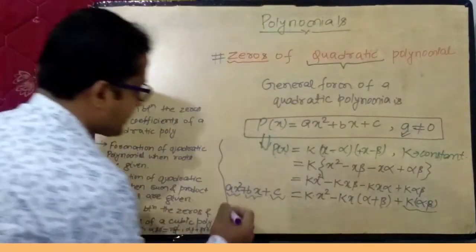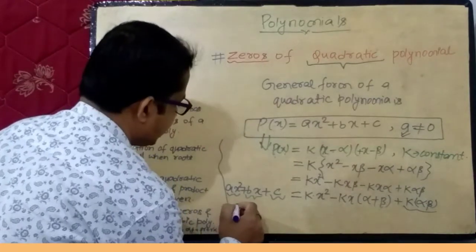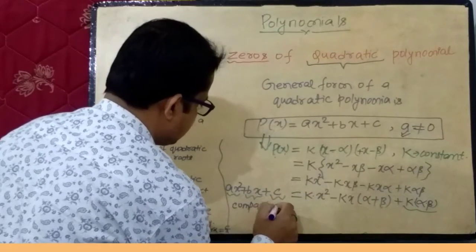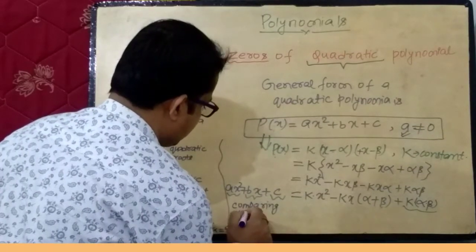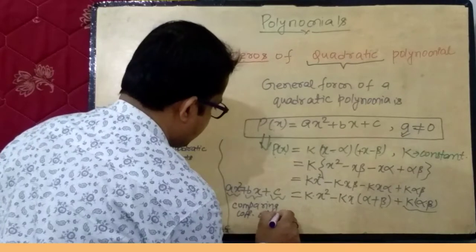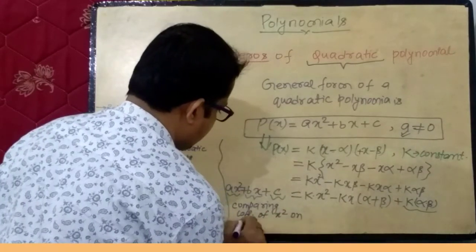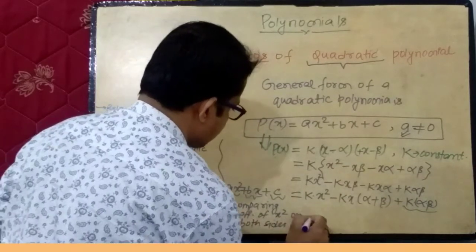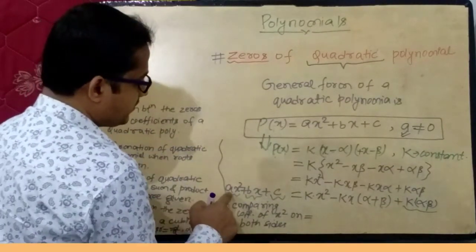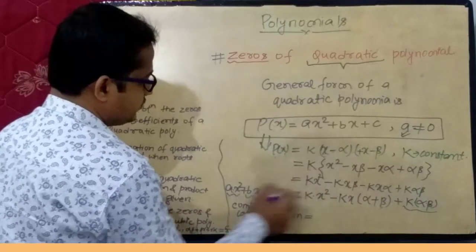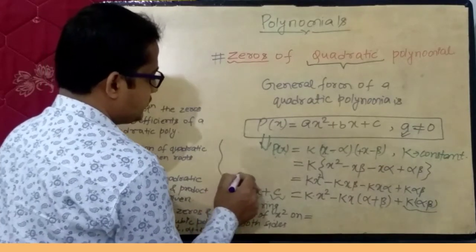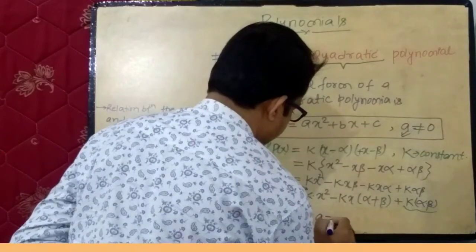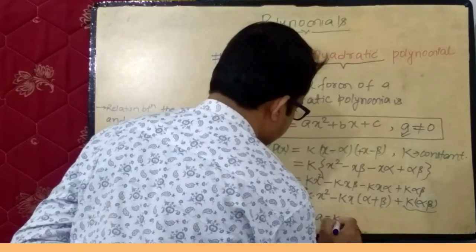So can we write this like comparing coefficient of x square on both sides? What will you get? If we compare the coefficient of x square on both sides, then a equals k.